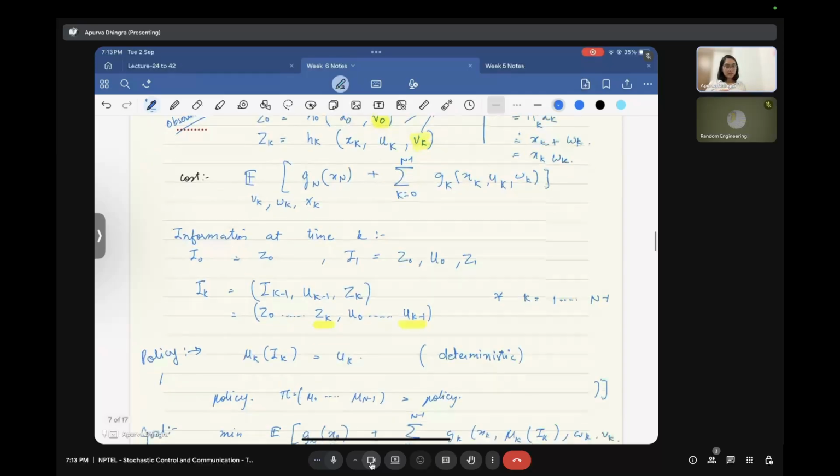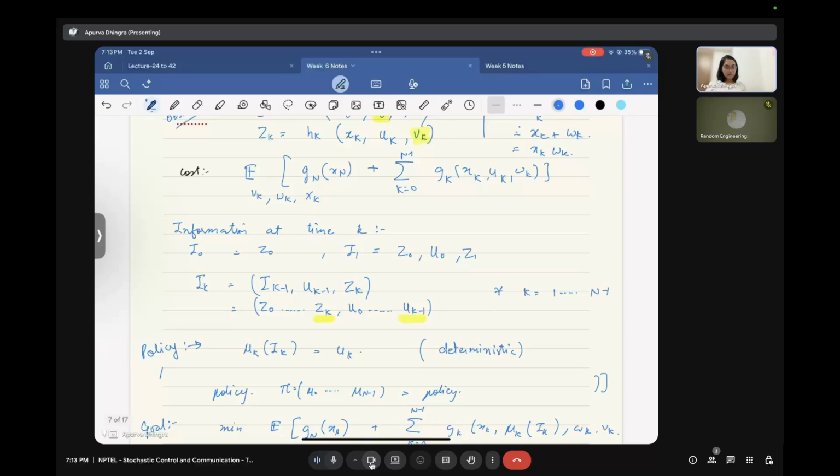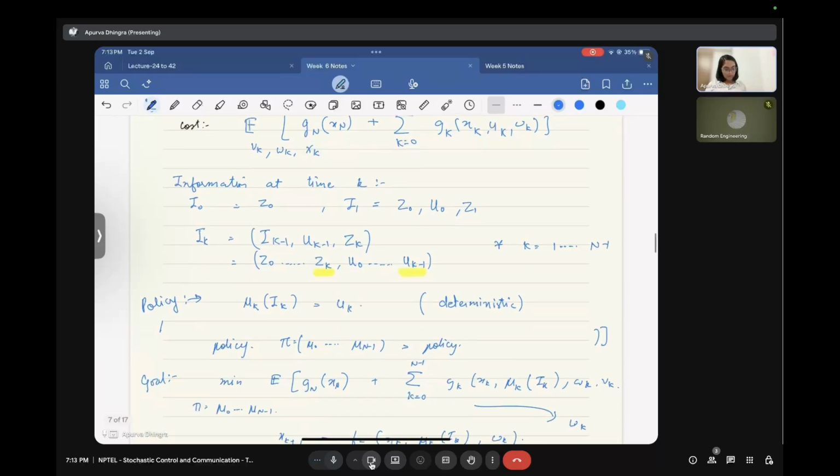Hence, a pure Markov thing, as in mu k that depends on, for example, zk, may not be the best choice. So I'm using the word Markov here in a rough sense. This word will come up again in a slightly more careful way of talking about it. Do you follow what I'm saying?